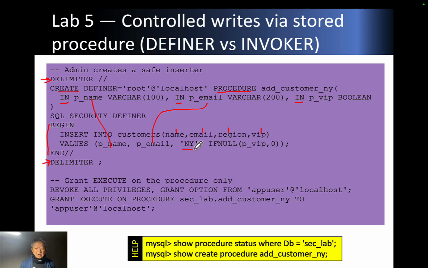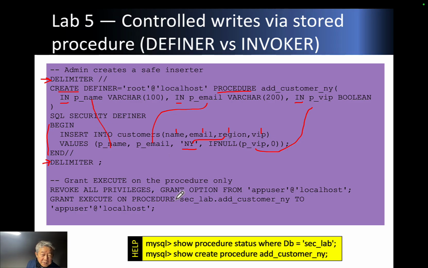This is a hard-coded value, assigned for this region. And then VIP, pvip comes from here. And this is the end of that. So we can define the procedures.